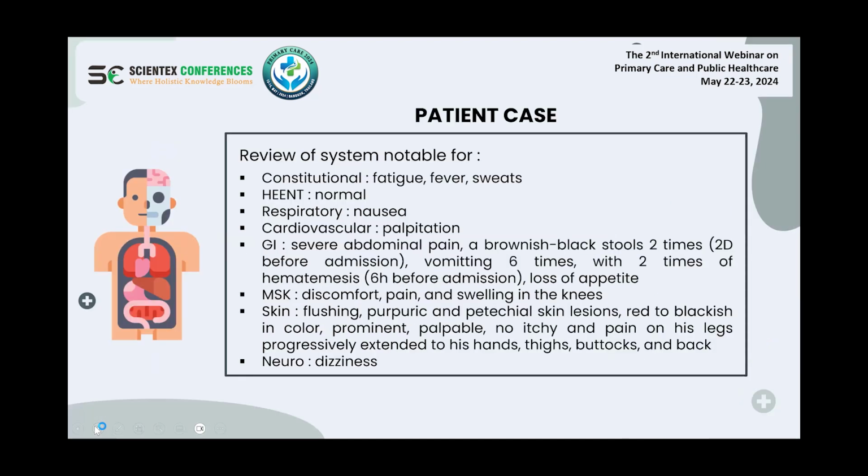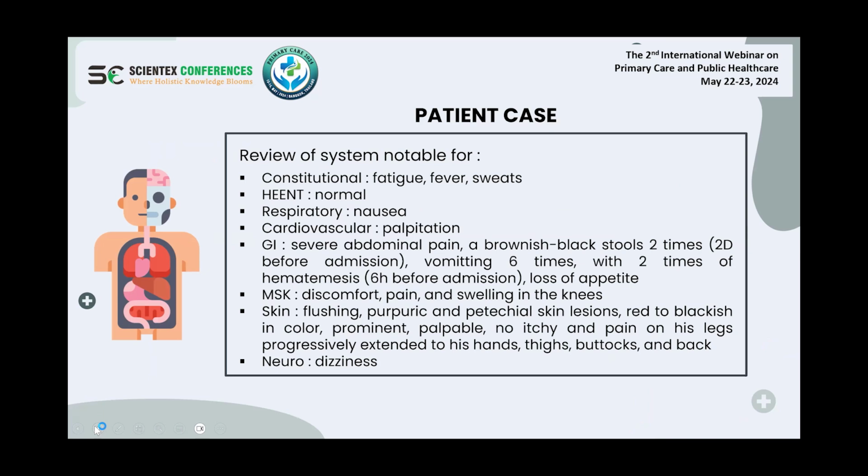Then he has a review of systems, which I will go over briefly. He had fatigue, fever, flushing, sweating, nausea, palpitation, and dizziness, followed by severe abdominal pain with brownish black stool 2 times.